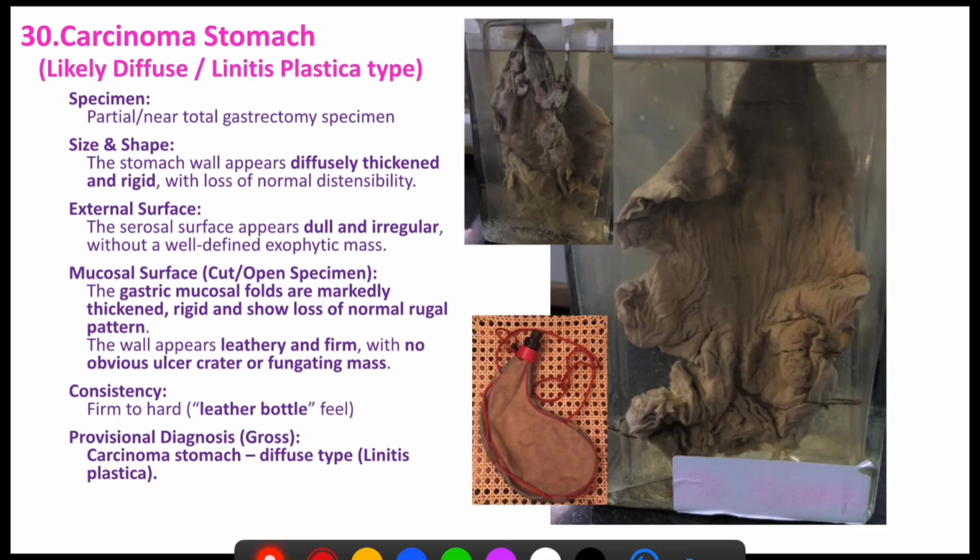This is again a specimen of stomach where already cut open stomach is there. So here first of all you have to measure the size of the specimen, but if you don't find any growth you have to describe that this is a cut open stomach having thickened wall, loss of rugosity and appearance like a leather bottle.